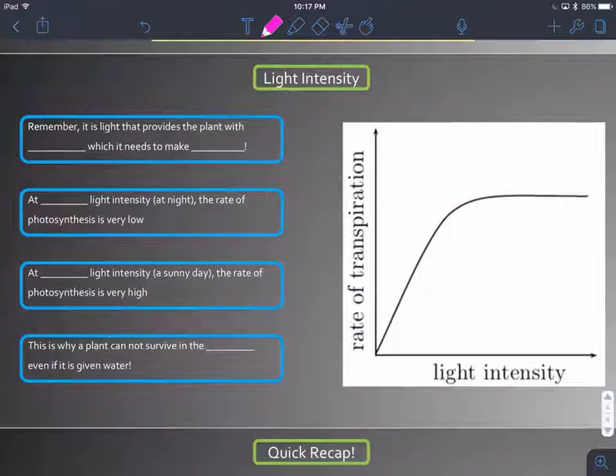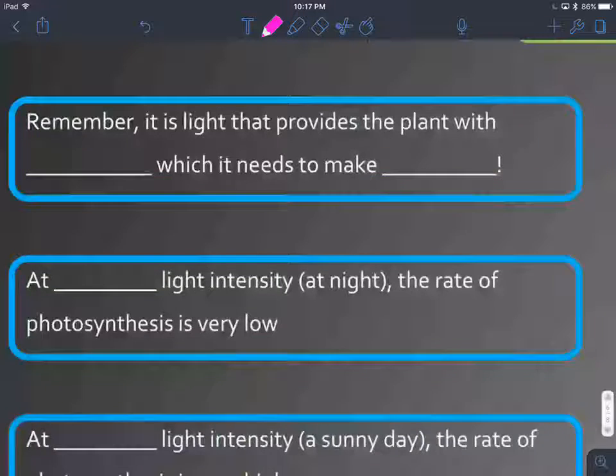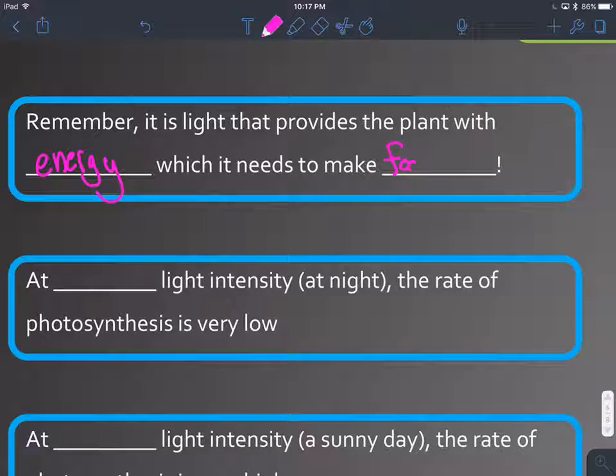Lastly, light intensity. Real quickly, I want you guys to recall the fact that it's light that actually provides the plant with the energy it needs, right? And chlorophyll stores the energy from the sunlight, and it takes this energy and uses it to make food. So without the sunlight, we're not actually able to have any energy to even be stored.